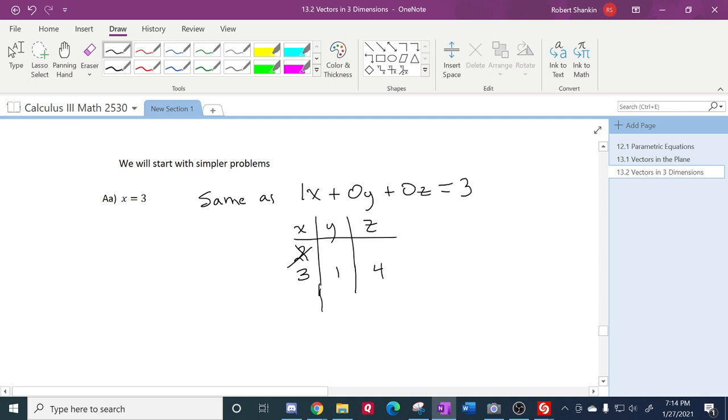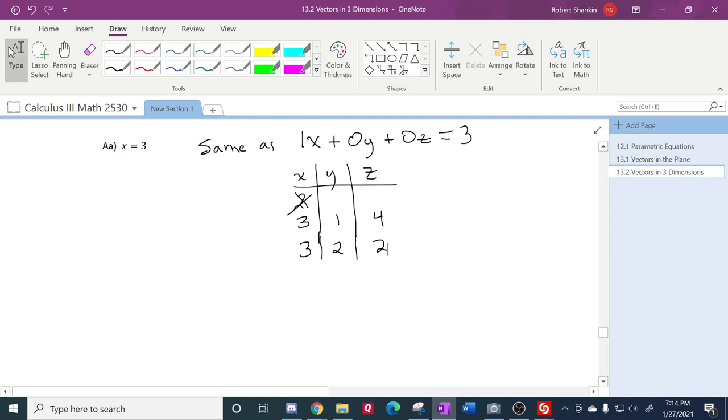You get a plane. And x has to be 3 every time. The y can be whatever it wants. And the z can be whatever it wants. And these just get zeroed out anyway. Cameron is right on target. We're going to wind up getting a plane. The x has to be 3.